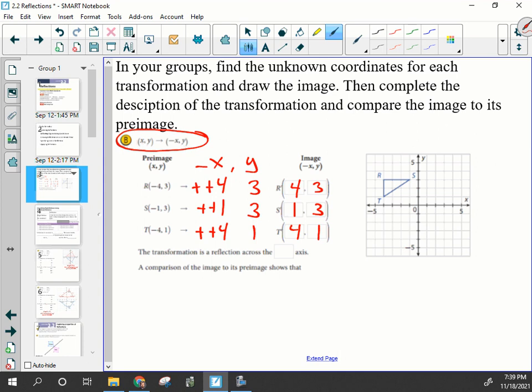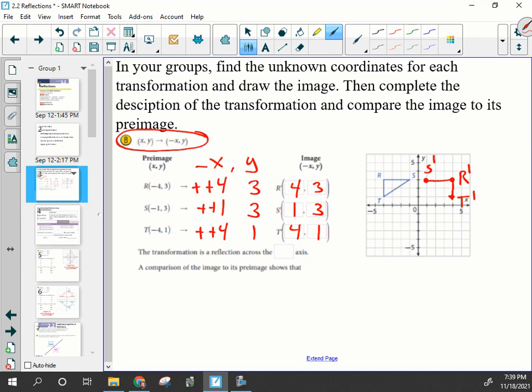My new image has the points R prime at 4, 3. So if I graph this, 4 to the right, up 3. S prime is 1, 3, right 1, up 3 is S prime, and T is found at 4, 1. Right 4, up 1, will become T prime.